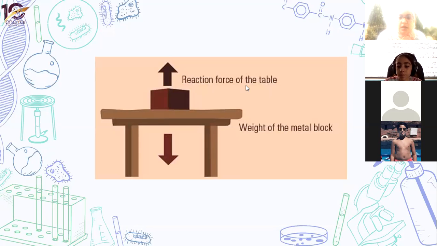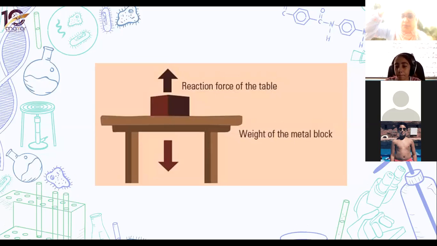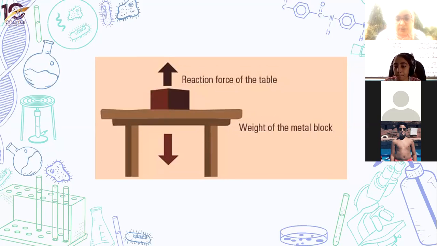Excellent. It doesn't mean that we have to push or pull. Maybe my laptop right now is on the table. Your computer or phone is on the table. There is a force pulling it downward, which is gravity, and there is an opposite force, which is reaction. So forces always, as we said, exist in pairs, okay?